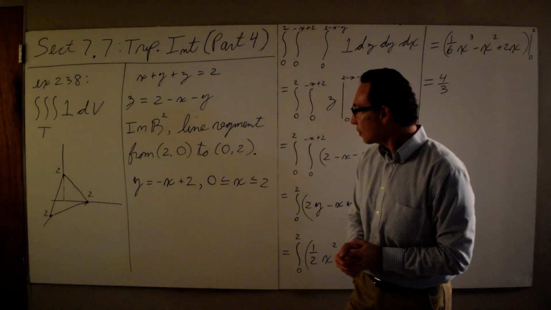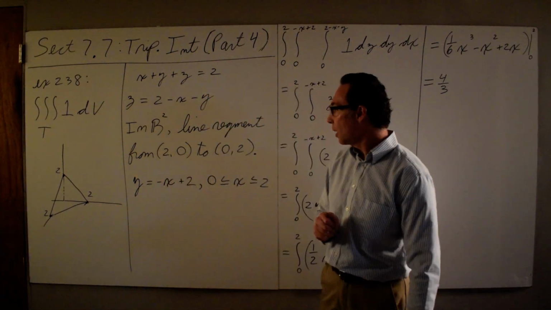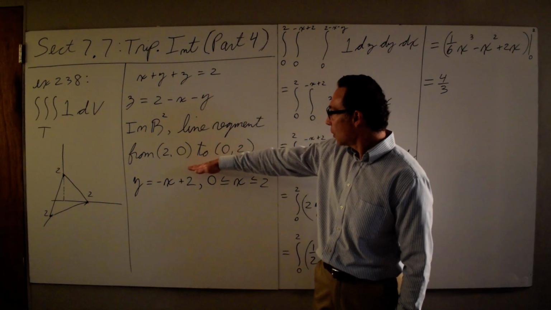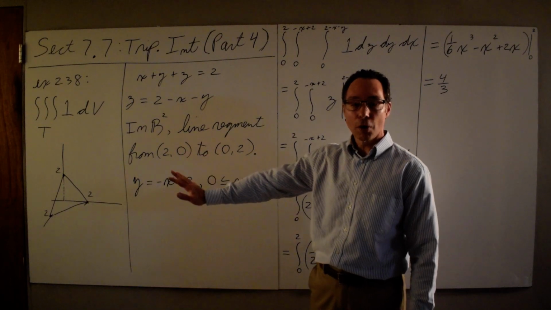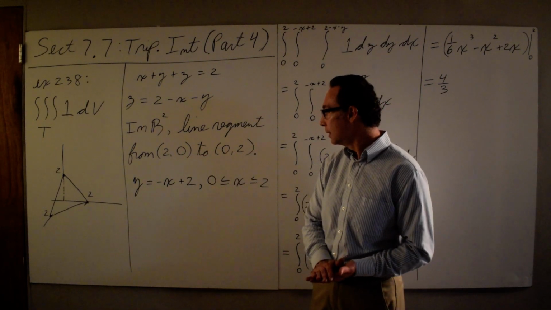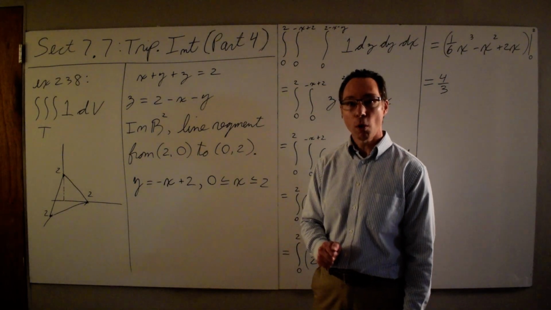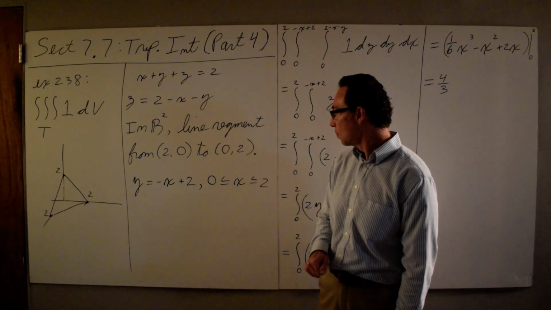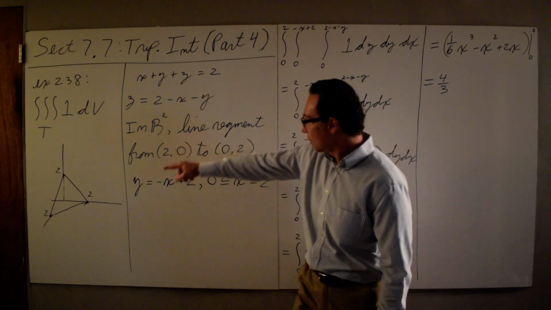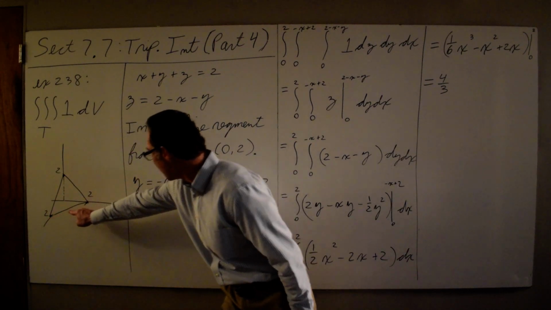The reason it's important to draw this and know what it looks like is that in the end we also have to integrate over our projection of this tetrahedron onto the xy plane. We're going to set that region up as a type 1 region in R2. The boundary right here is this line segment, so we have this triangle right here.